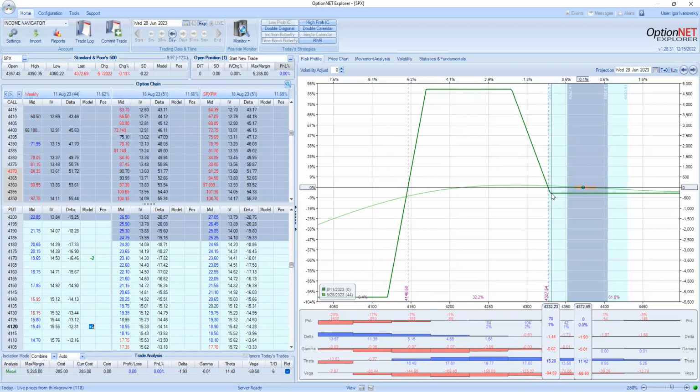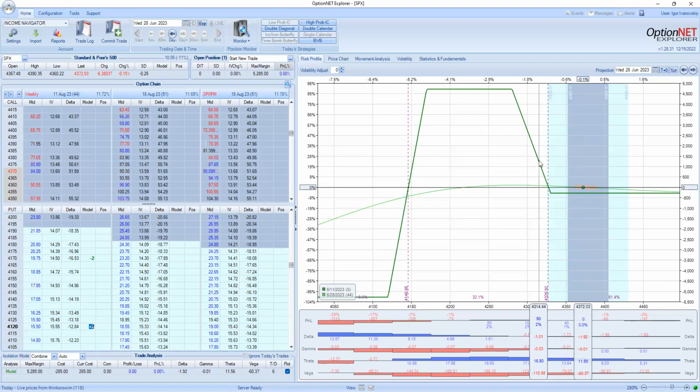So I'm going to roll the long options. I'm going to roll the 43.30 down, maybe 10 points, maybe 20 points. I don't know. It all depends where we are in the trade, how much time has run off the clock. But the idea is to roll the upper long down.